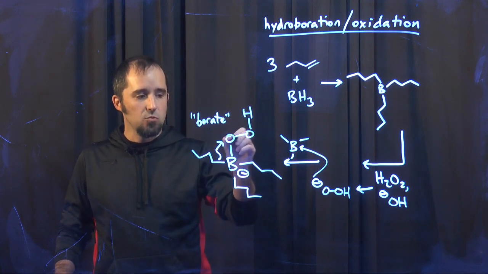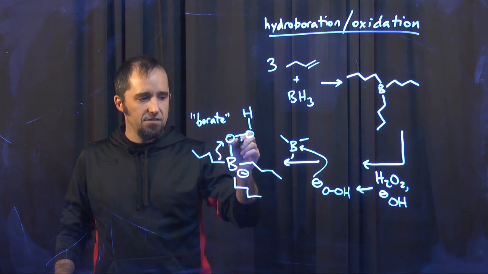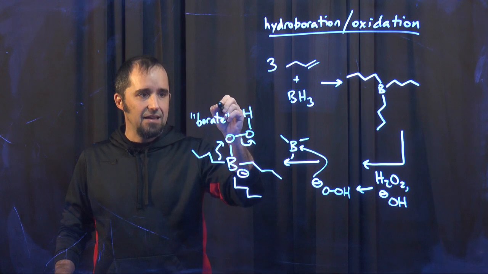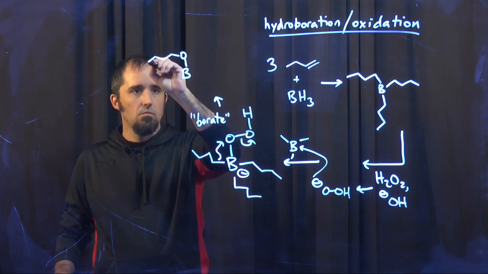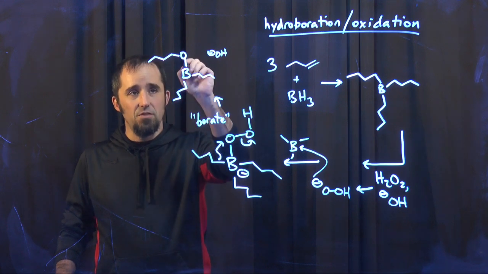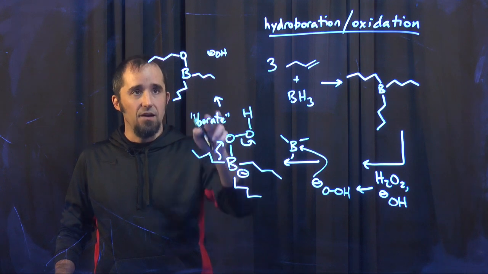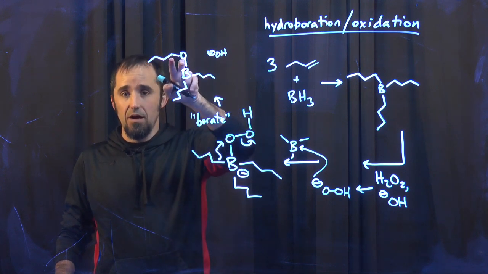I'm going to break this really weak OO bond. OO bonds are always very weak. So that is going to make that leave. And I'm going to end up with this thing with the BO bond now. So notice, before I had a carbon-boron bond, now I have a carbon-oxygen bond.